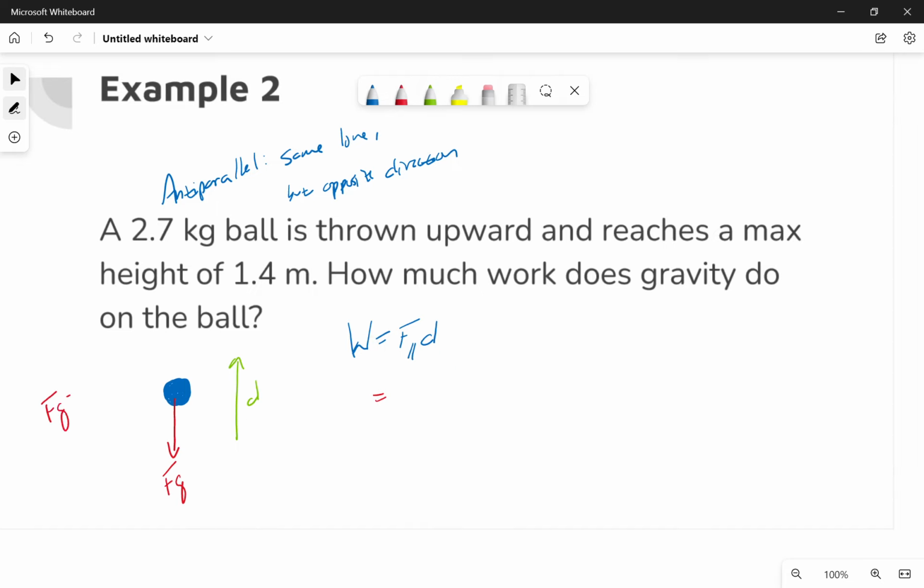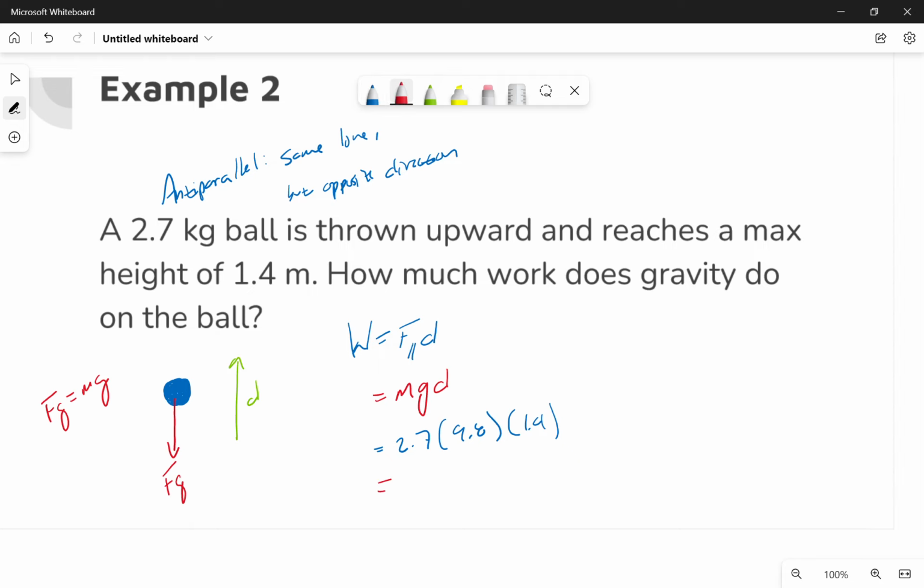Important to recall that the force of gravity is equal to mass times gravity, and so maybe I'll just rewrite that with that in there, FGD. That looks kind of familiar. Interesting. And then I'm going to plug in my numbers. So it's 2.7, the mass, times 9.8 is gravity, times 1.4 meters is the distance.